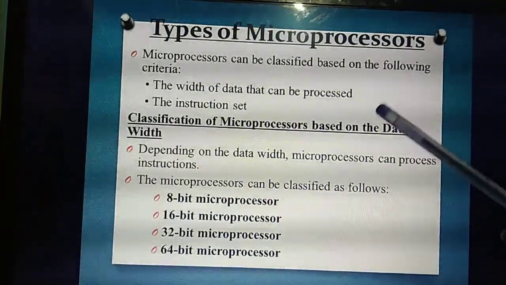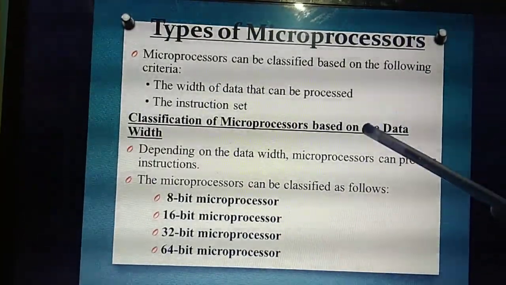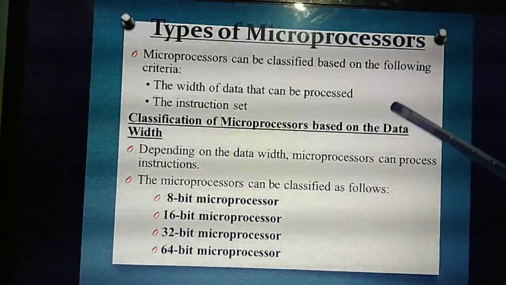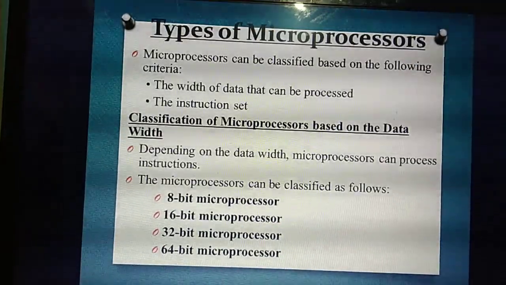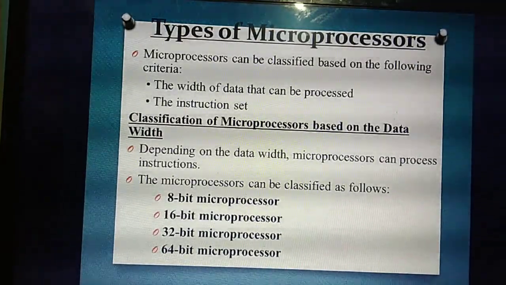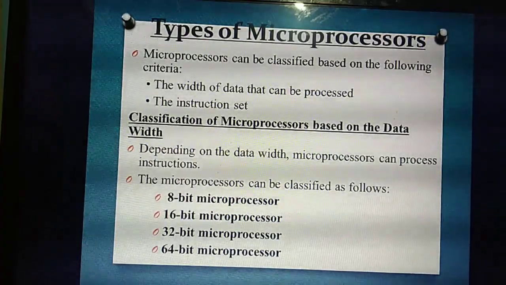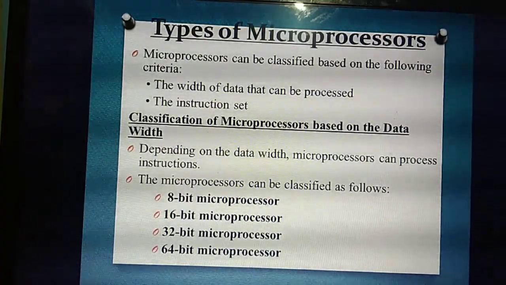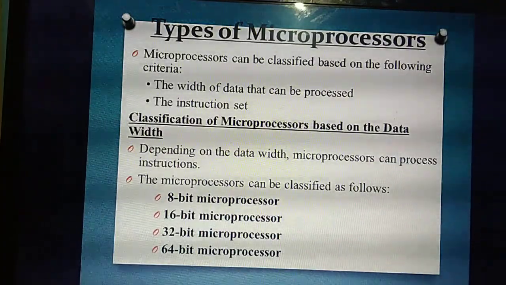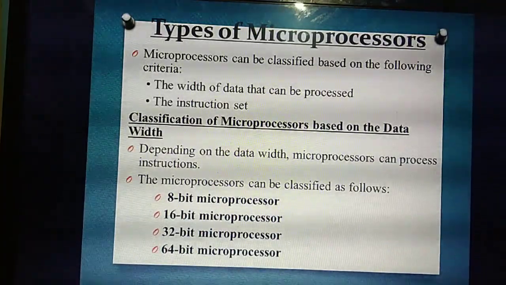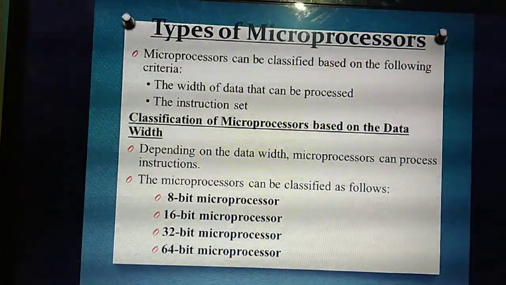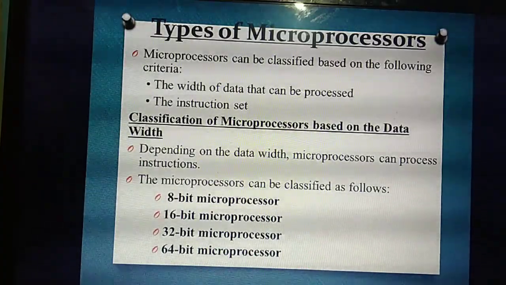First we are going to study the classification of microprocessors based on data width. What do you mean by the width of the microprocessor? It means a particular microprocessor can execute instructions of a certain width. Depending on the width only, it can execute a particular instruction.